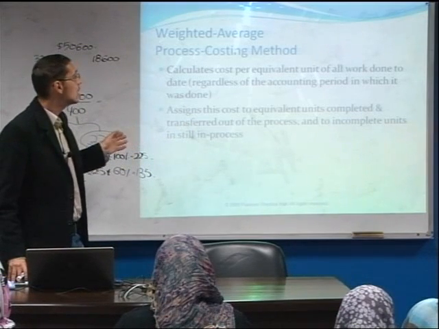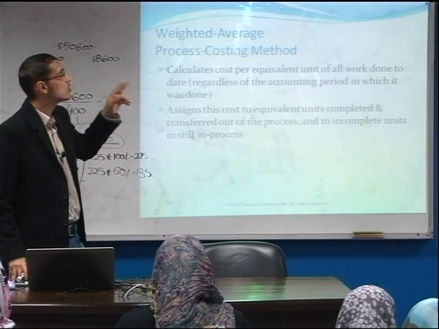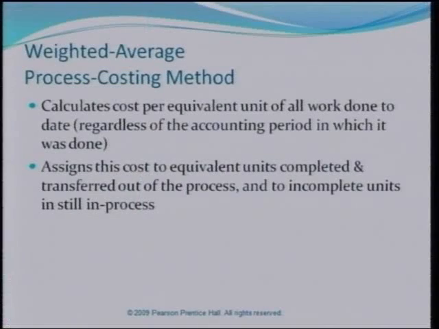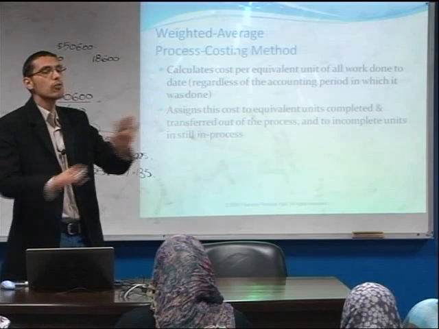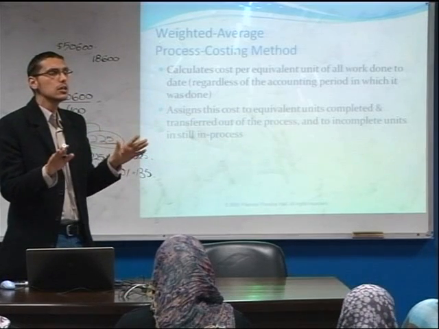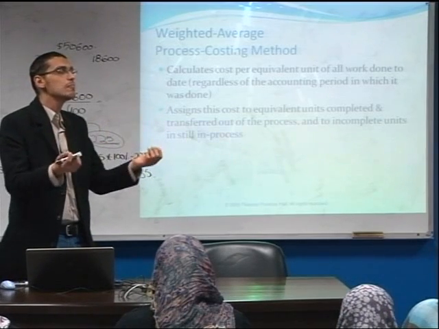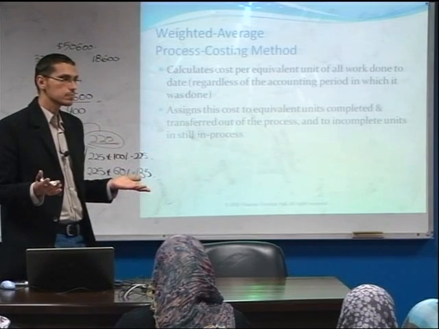Therefore, as we can see here, it calculates the cost per equivalent unit of all work done to date, regardless of the accounting period in which it was done. Therefore, in step number 2, we are going to calculate the equivalent units for all the units that have been produced.